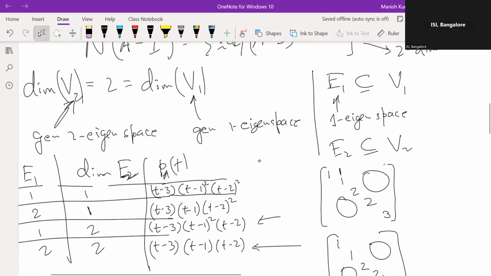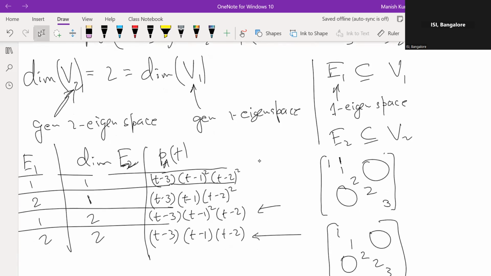And to get a basis of V1, you take, because your minimal polynomial is t minus 1 square, a vector which is a generalized eigenvector but not an eigenvector.